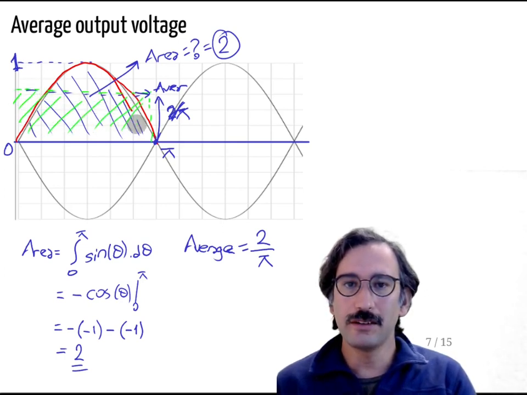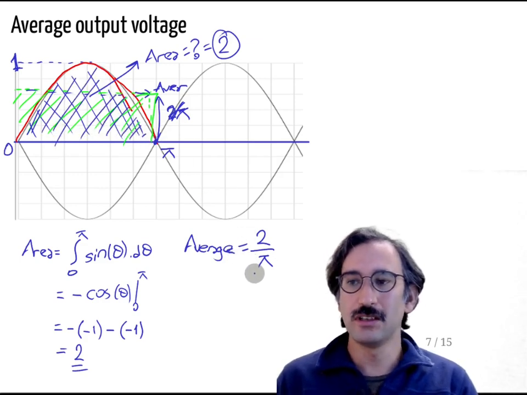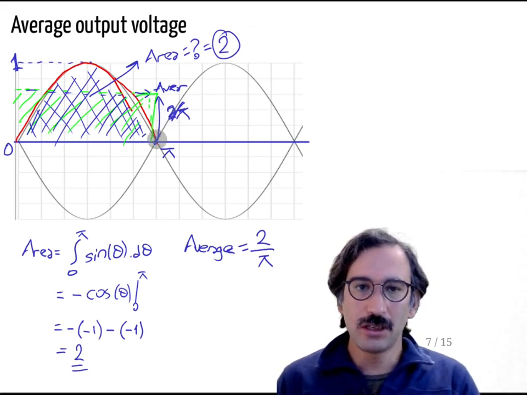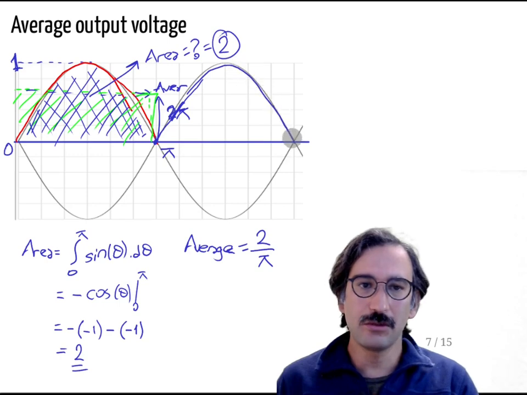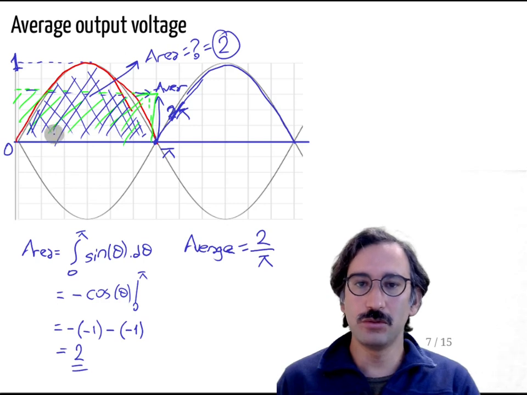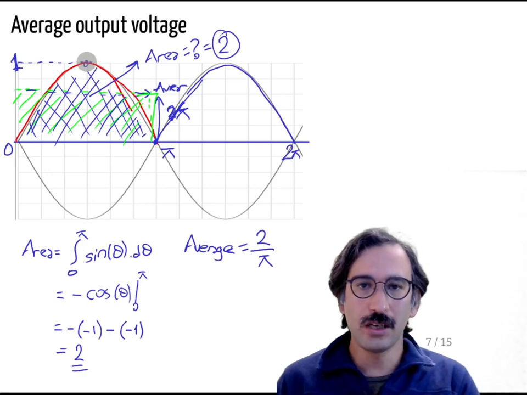The area under the green rectangle will be equal to the area under that sinusoid if the average is 2 over π. Again, I would like to calculate the average DC voltage. You can take it not from 0 to π, but from 0 to 2π, and then you need to divide it by 2π. It just gives you the output voltage.